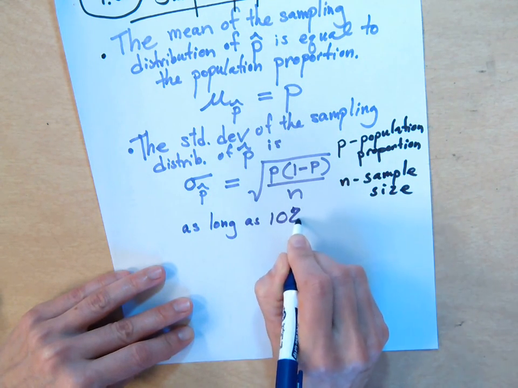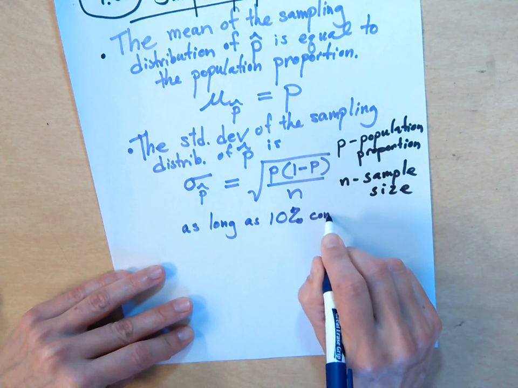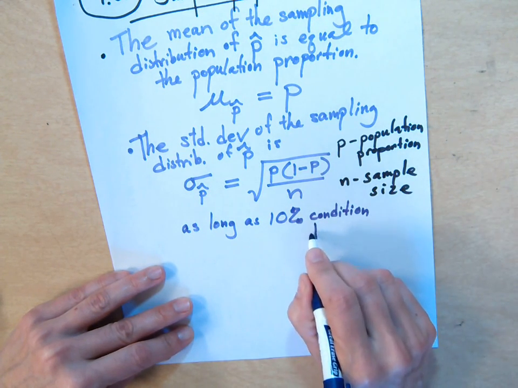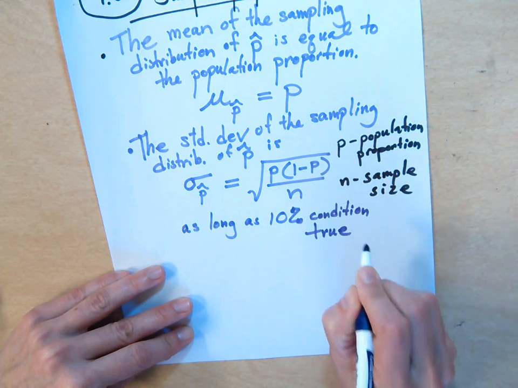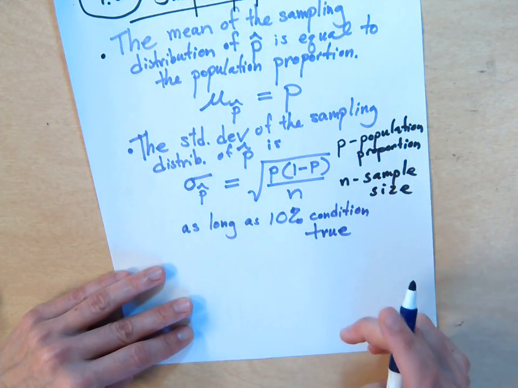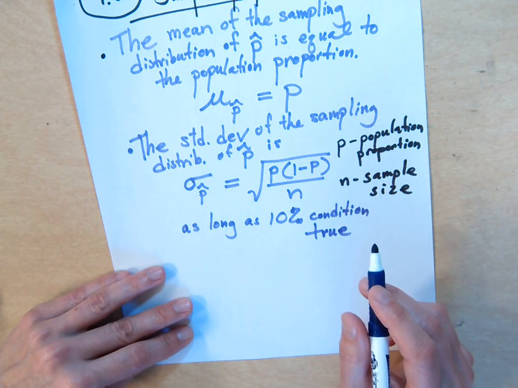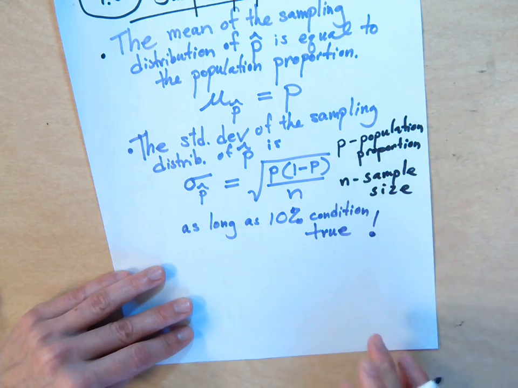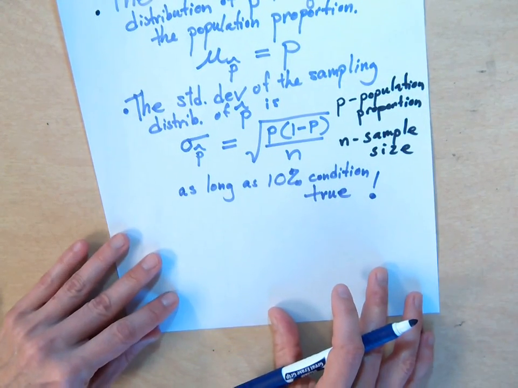It's like the condition for independence, because as you draw something out from a population, the probability is changing every single time. But as long as you don't take too big of a sample, it won't matter. It won't affect the answer enough. So as long as the 10% condition is true, so you have to check that, and we'll do that in the example.